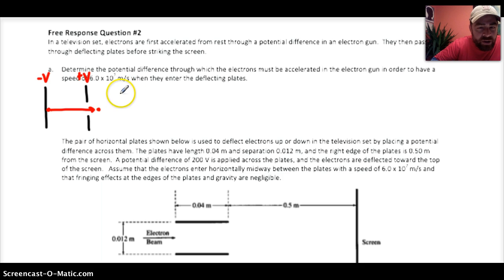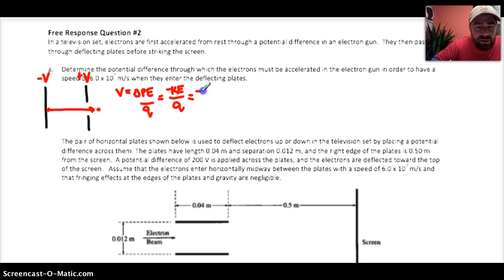I'm going to use one of the variants of the work equation, so let's take a look. We start with electric potential by definition: difference in potential is change in potential energy per unit charge. Therefore that's equal to negative change in kinetic energy per unit charge. When I'm doing this quickly, I'm going to leave the deltas out.